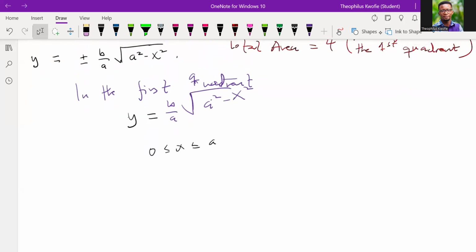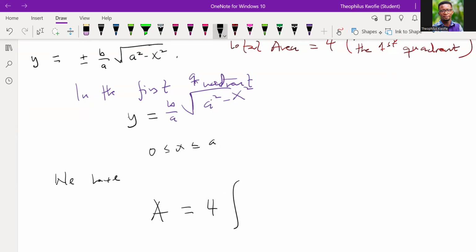So with that, before we do that, let's look at it this way. My area will just be equal to 4 times the area in the first quadrant.